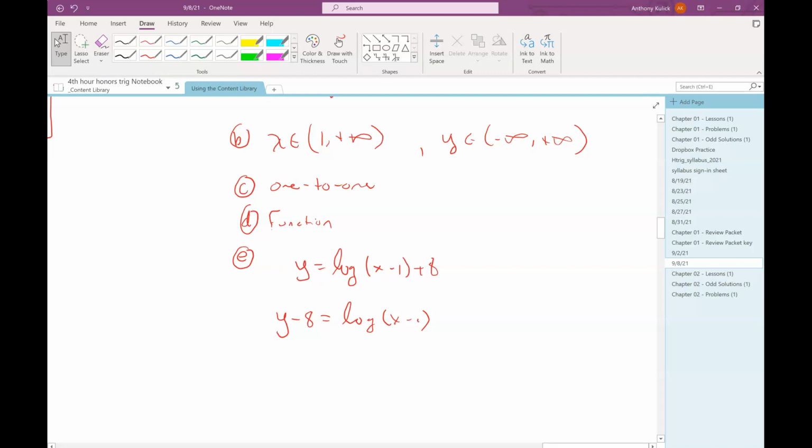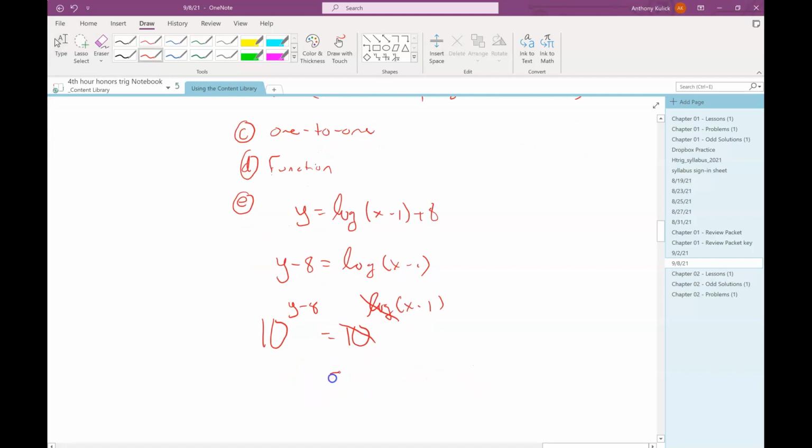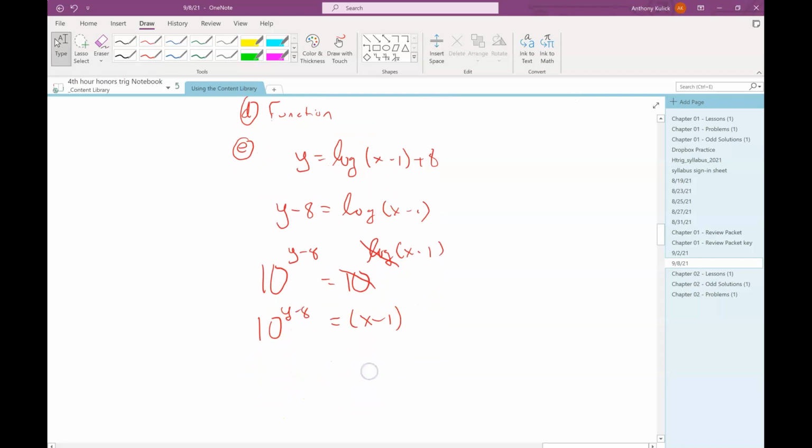When I write just log with no subscript, I recognize that as the common log, which is base 10. And the log base 10 cancels with exponent base 10. And then I just add my 1 over and swap my x's and y's. And there would be my inverse. Is that okay?